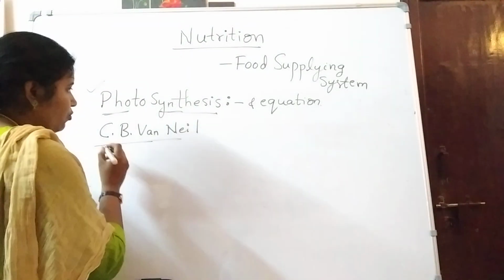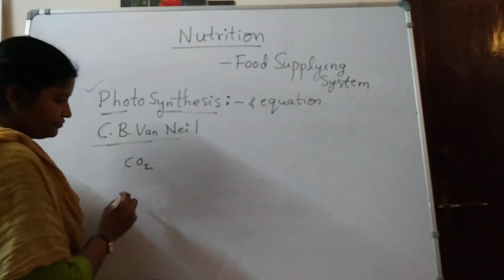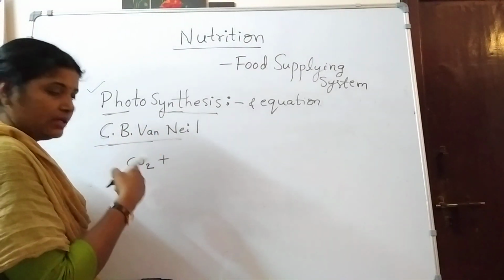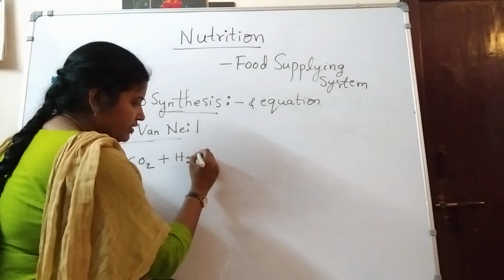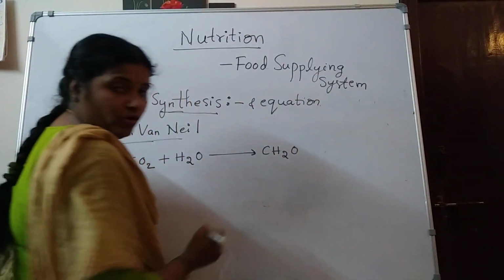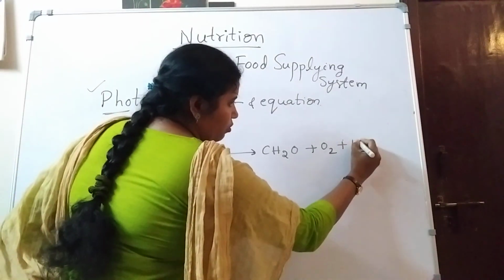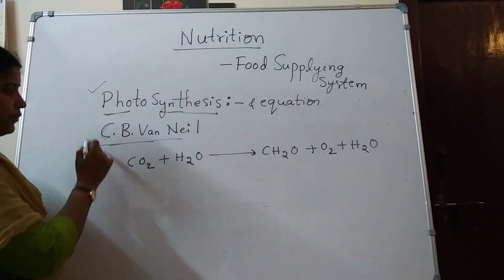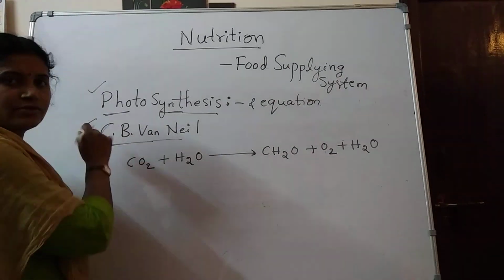What is C.B. Van Niel's equation? One is carbon dioxide, another one is water, and it is forming carbohydrates and oxygen and water. Okay, so this is the basic equation which was proposed by C.B. Van Niel. Basic equation, till now we are using the same.